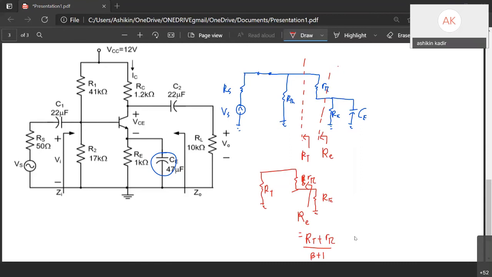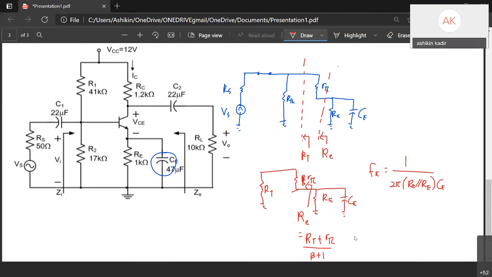What happened to my slide? So FE is equal to 1 over 2 pi RE, where RE here is parallel with RE, multiplied with CE.